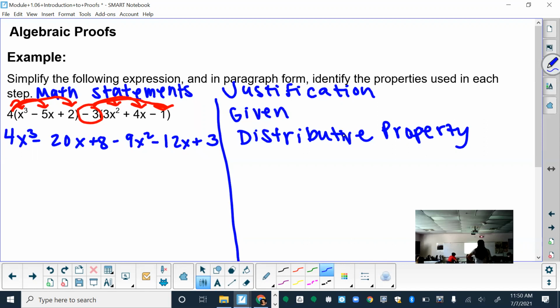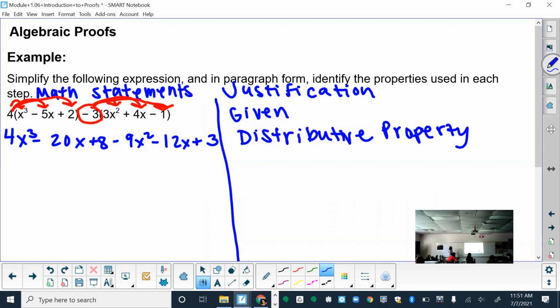So what would we do next on the left? Or is this already simplified? Think of your like terms. Are there any other x cubed numbers? Any other numbers with an x cubed?